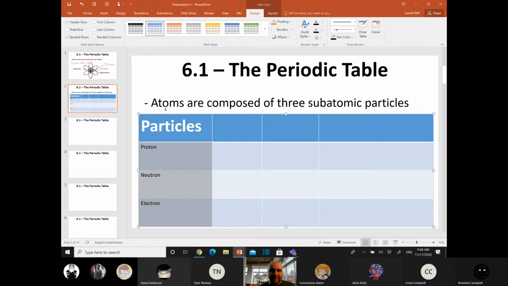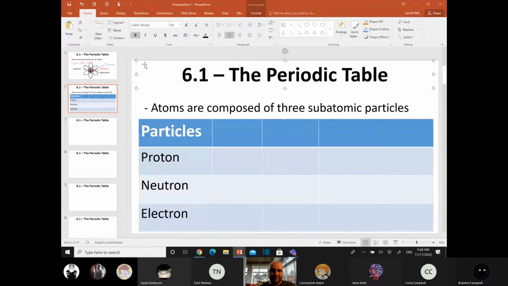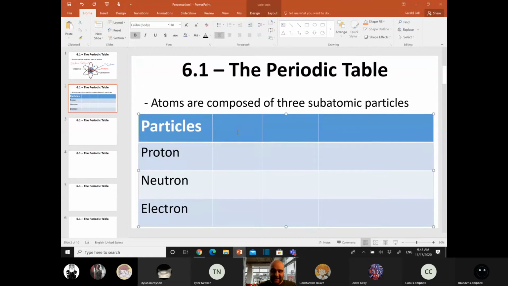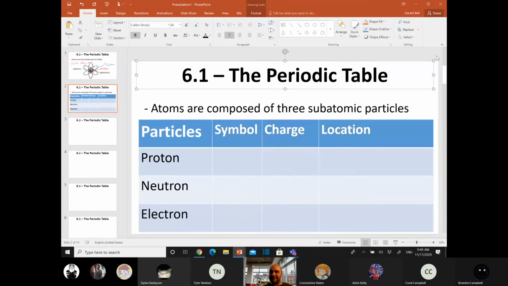Okay, so, that bigger. And I'll tell you what, I'll just do the rest of this here. So we'll have symbol, short form, charge, and location. Okay, so again, I'll give you a little bit of time here to get that. There we go. I'll give you 1 minute to make your tables.